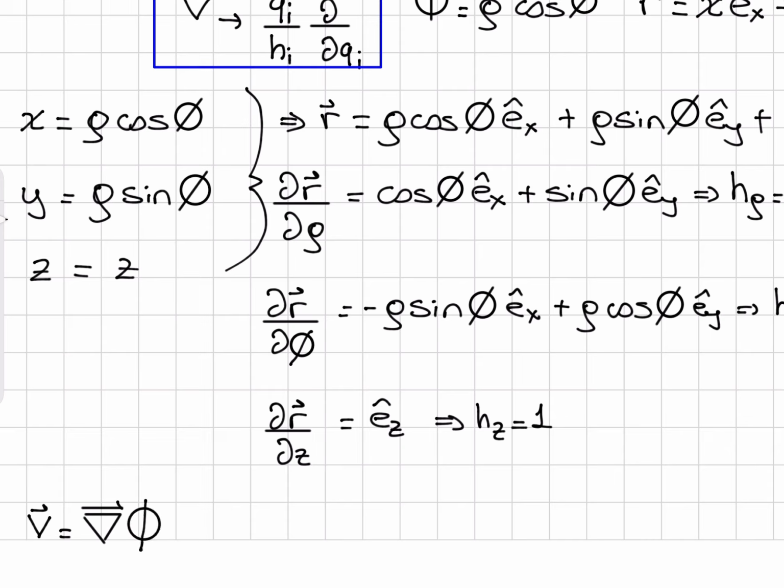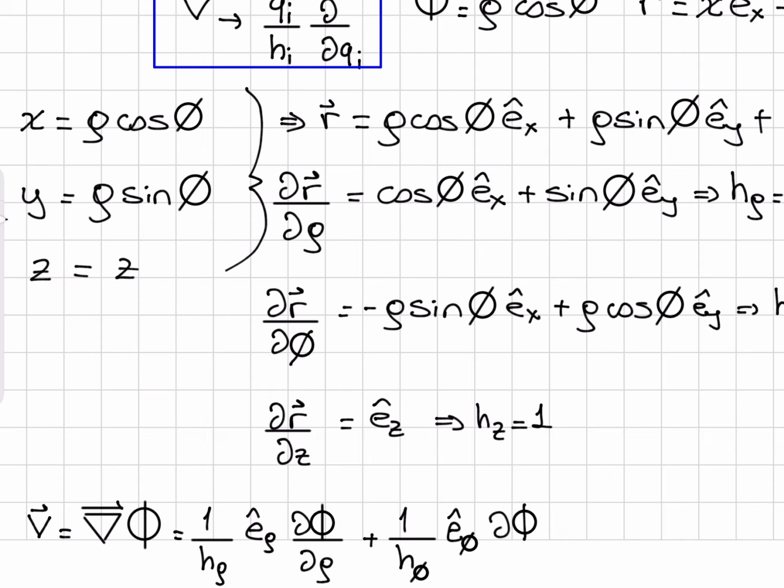It's going to be 1 over h rho, the scale factor, e rho hat del phi del rho, and then we have 1 over h phi e phi hat del phi, the scalar function, with respect to the azimuthal angle phi.